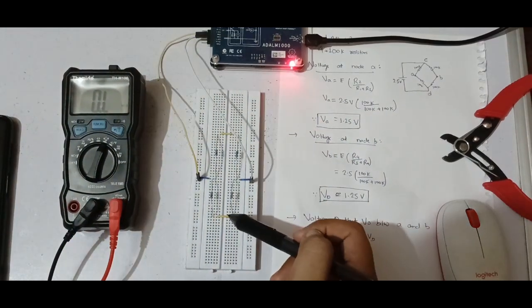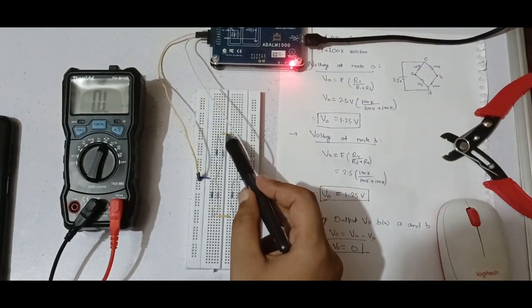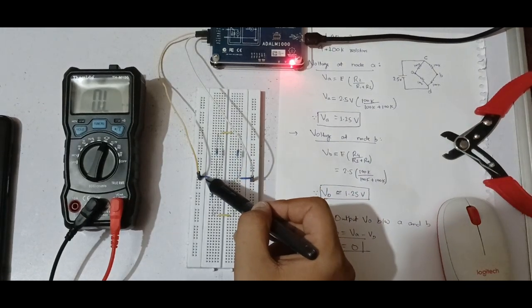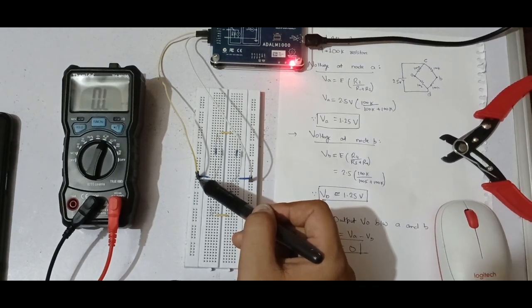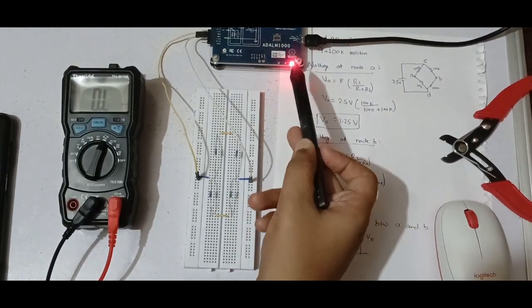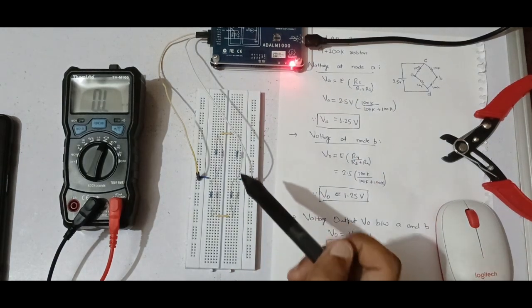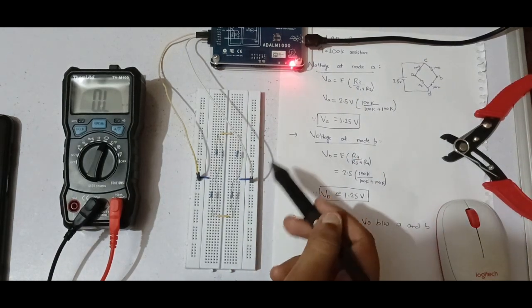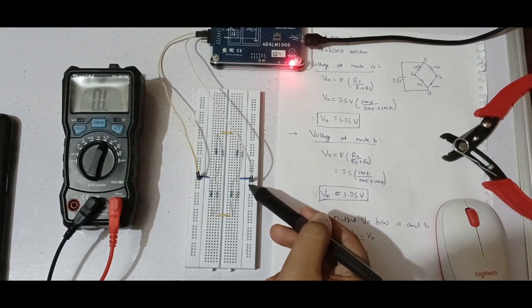Here are the resistors. This is our node A, this is our node B, and at C a 2.5 volt excitation voltage will be connected through our ADALM1000 kit, and at D the ground is connected.